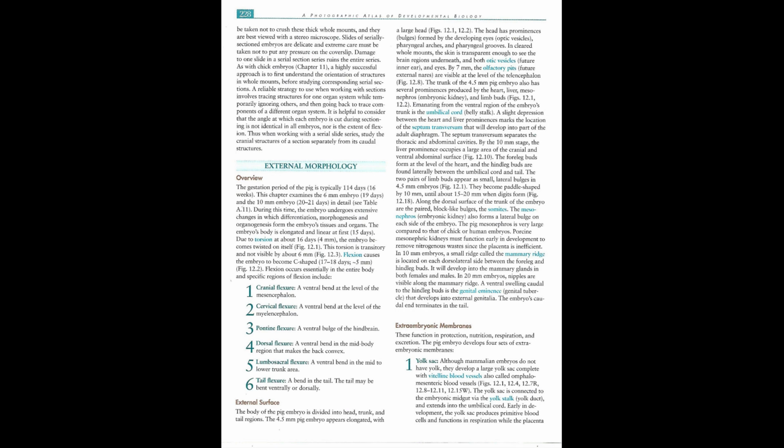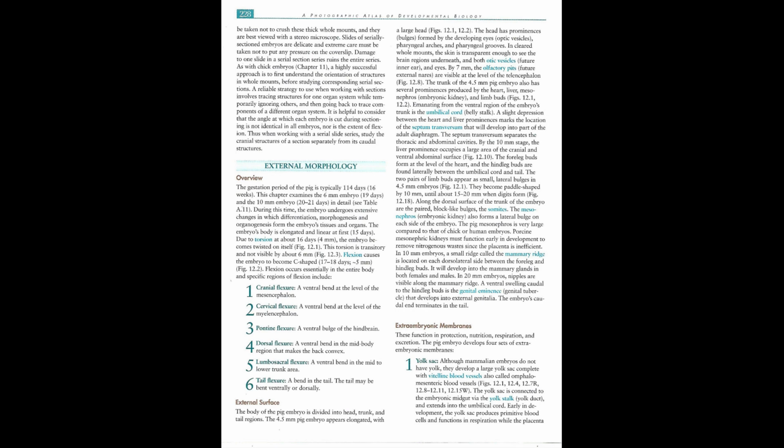During this time, the embryo undergoes extensive changes in which differentiation, morphogenesis, and organogenesis form the embryo's tissues and organs. The embryo's body is elongated and linear at first, 15 days. Due to torsion at about 16 days, 4 mm, the embryo becomes twisted on itself, Fig 12.1. This torsion is transitory and not visible by about 6 mm, Fig 12.3.